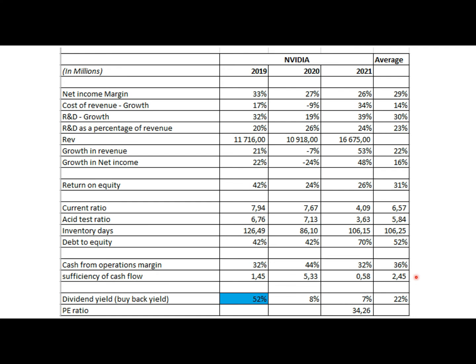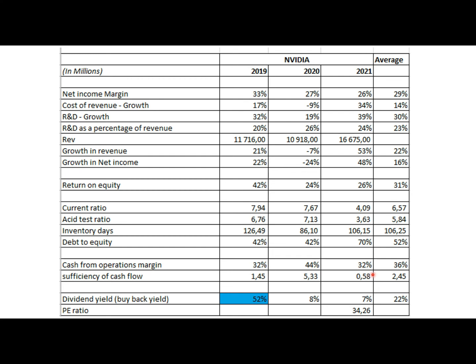Now, the sufficiency of cash flow, even though there has been a deterioration looking at 2020 to 2021, that's being driven by acquisitions as well as improvement in operations through investment. So it's not just losing money.